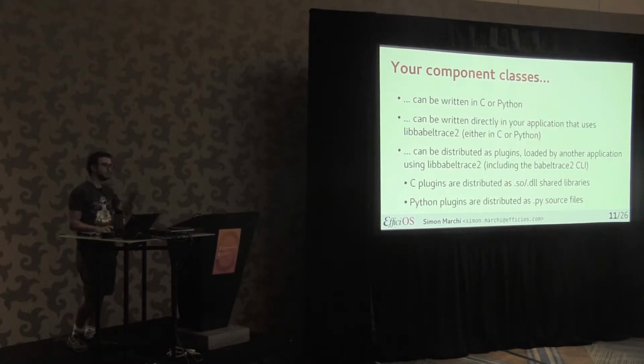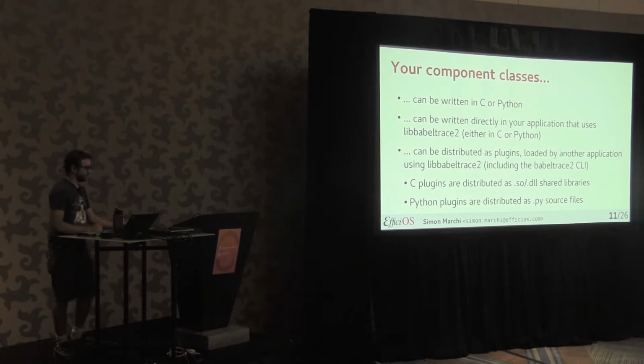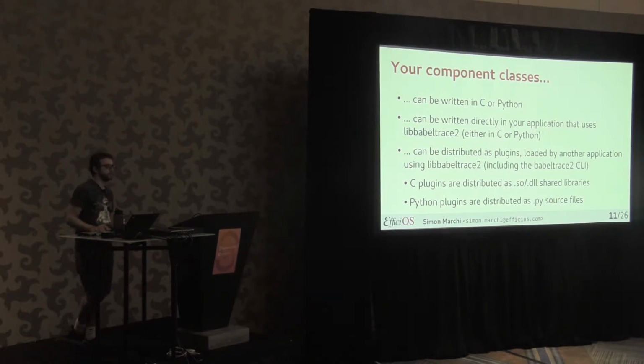So each one of the boxes we've seen earlier on the little drawing is a component instance. Each component instance comes from one component class, which defines its behavior. A component class can be written in C or Python. It can be written directly in your application.